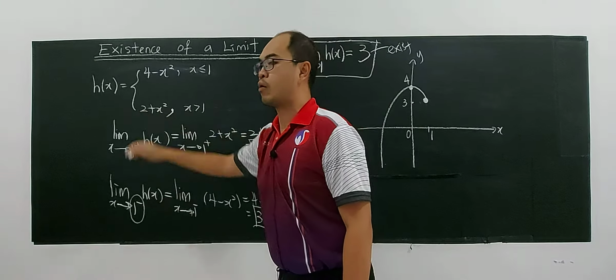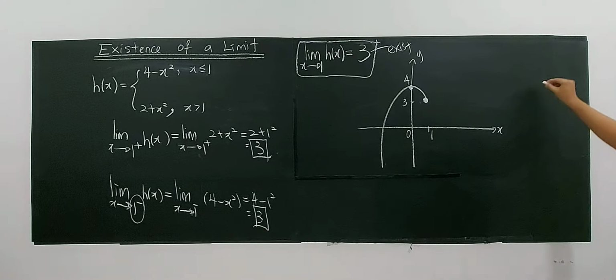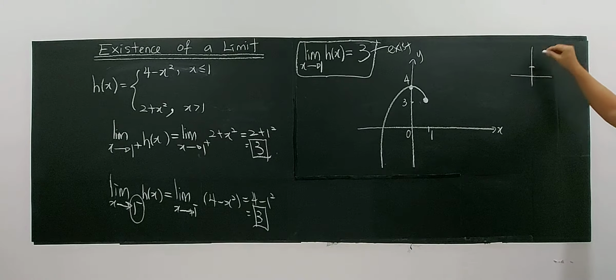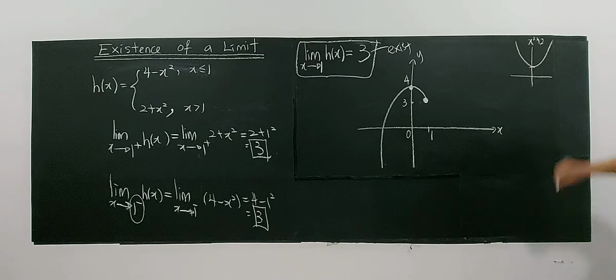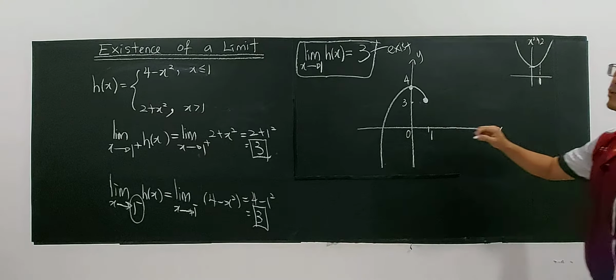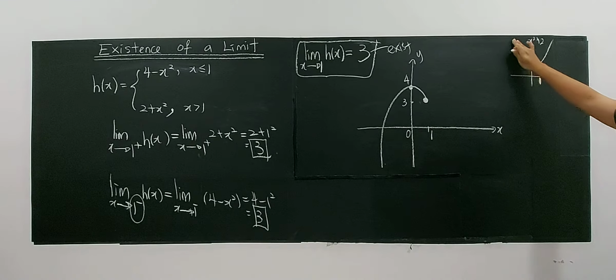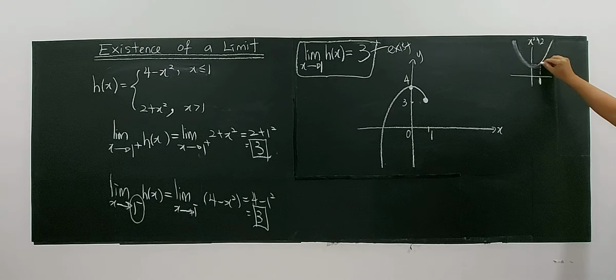After 1 is x squared plus 2. The graph for x squared plus 2 will look like this way, right? Because we just want after 1, which means x more than 1, I only want this section here. So what is the value here, right?